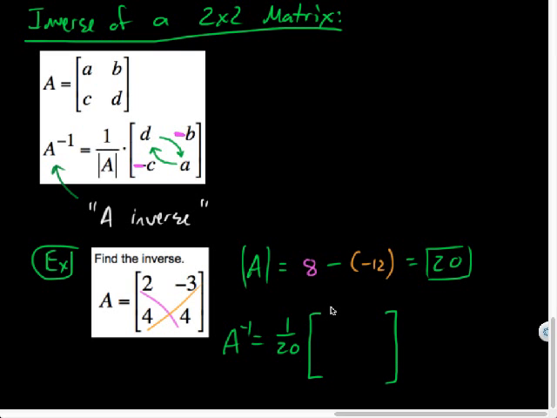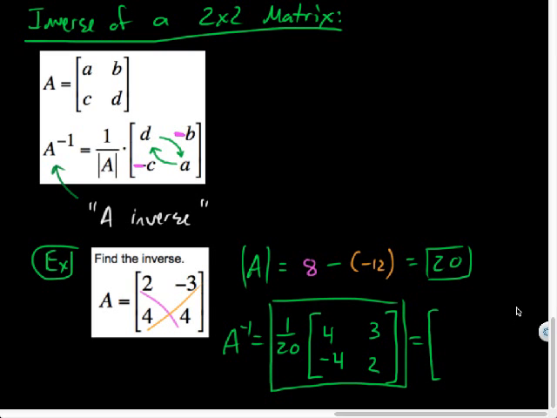For the primary diagonal, I'm going to switch the 2 and the 4. So now it's 4 here and 2 there. And on the secondary diagonal, I opposite it, so it's going to be a -4 and a +3. I would accept this as an answer, but you also could multiply through by the scalar, which usually means fractions.